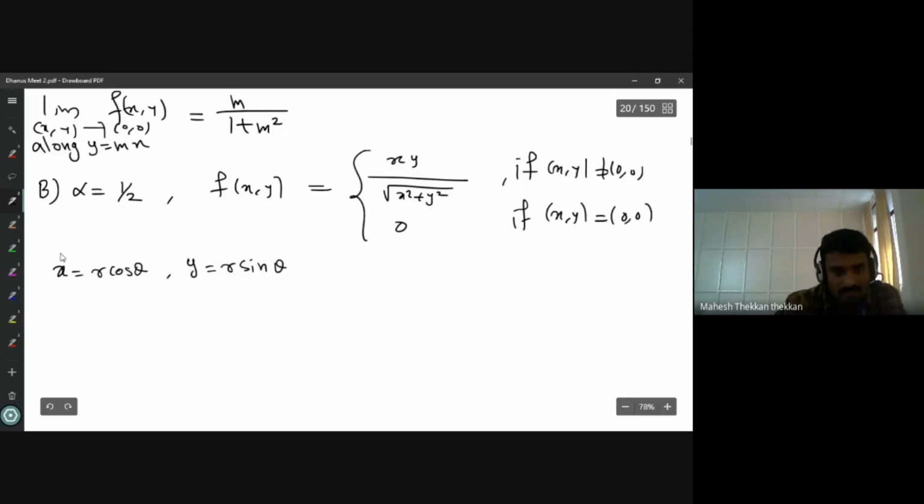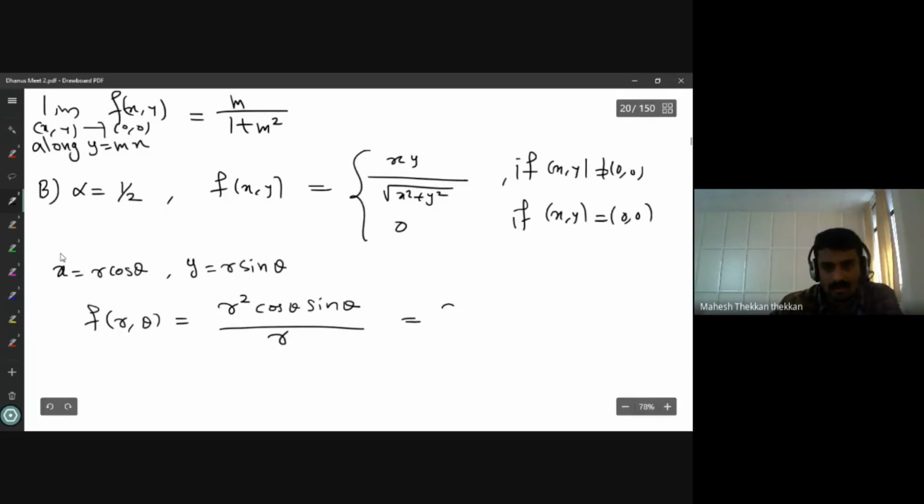Then I will look at the function f of (r, theta). In the numerator, I have r square cos theta sin theta, and in the denominator I have r. So this will be nothing but r times cos theta sin theta.